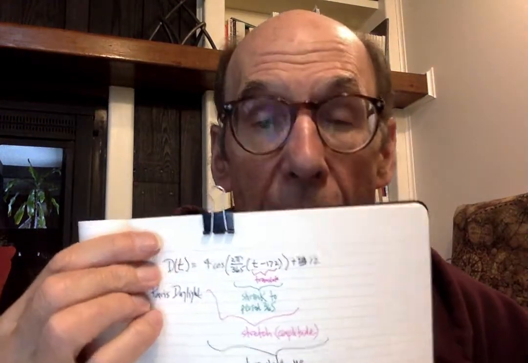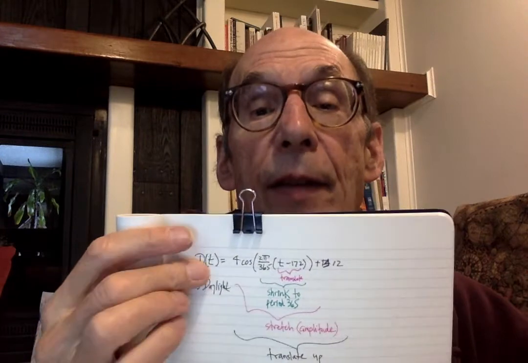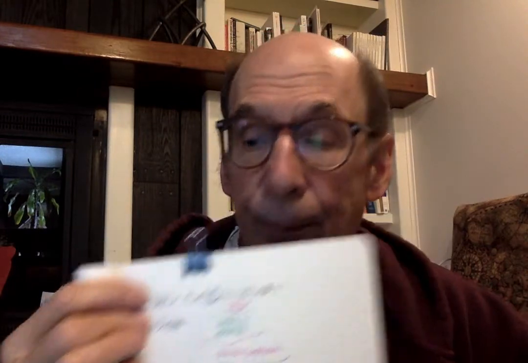Okay. So what we have here is the cosine, which we're going to go into in a minute, and it has been translated and shrunk and stretched vertically and then translated vertically so that it fits the data. And so this is part of the art of making models, is this is now an active function that fits some observed data.